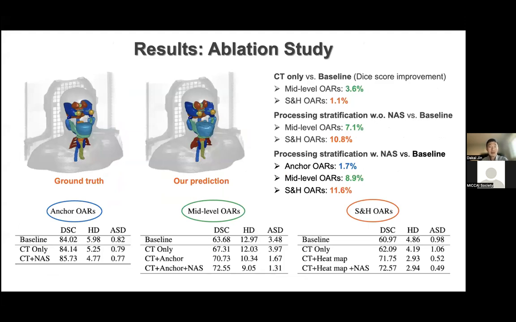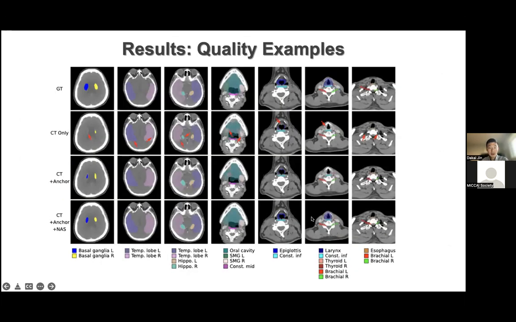This shows some ablation results from the previous methods, indicating each step's effectiveness, like the process stratification and the network stratification. We can see that the anchor organs do not have a big performance improvement, because anchors are already easy to segment. However, for the middle level and the small and hard level, we observe a significant performance improvement.